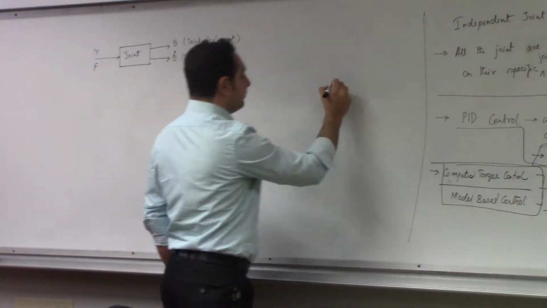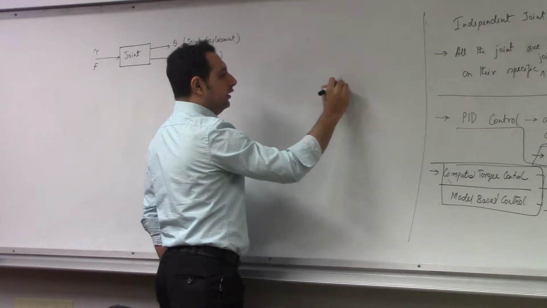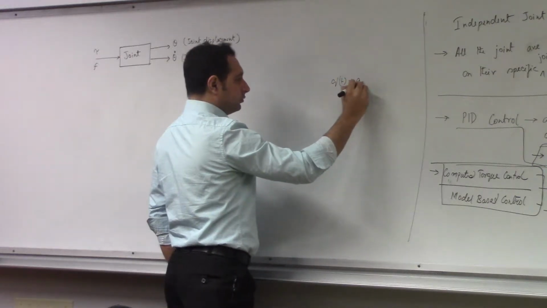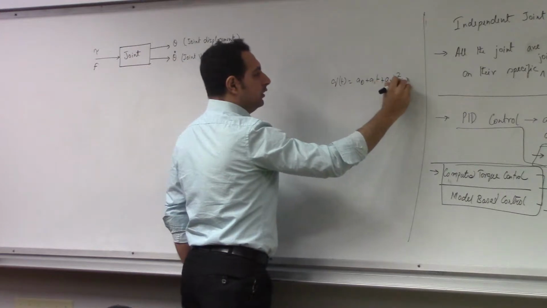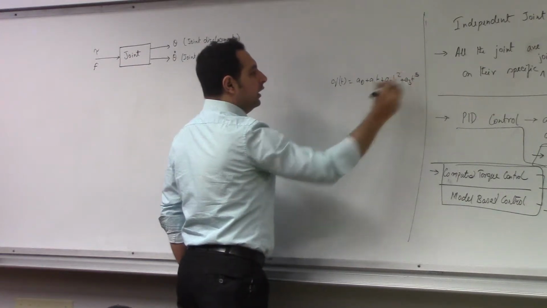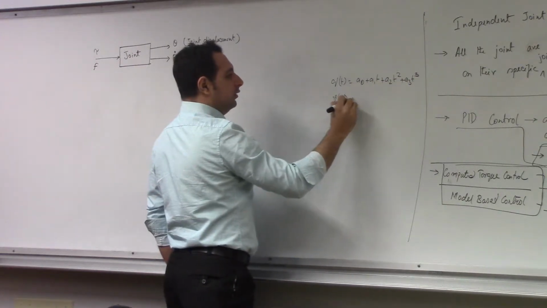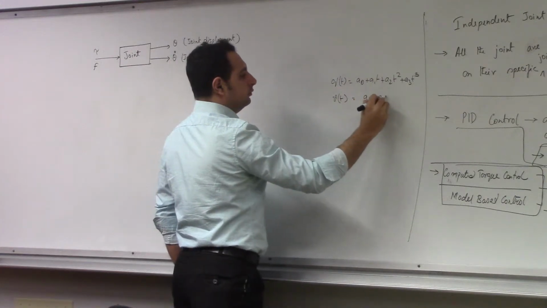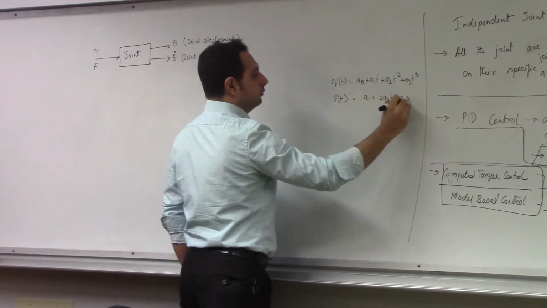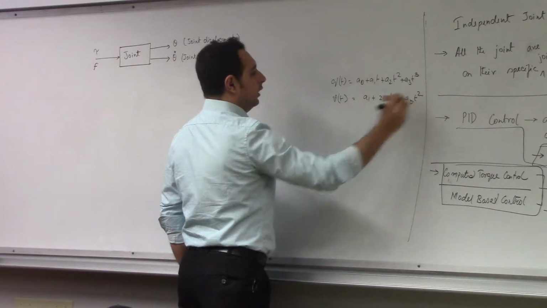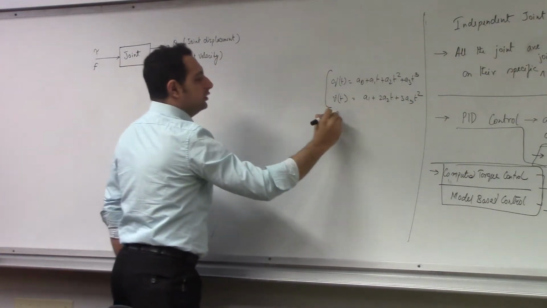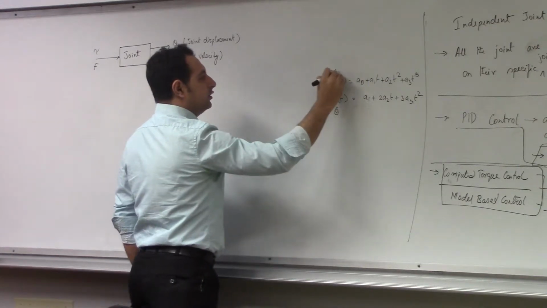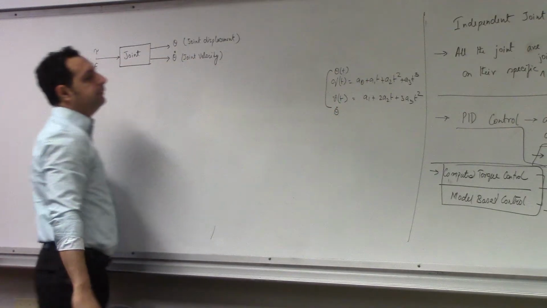Because when we did q of t as a0, a1t, a2t squared, a3t cubed, we also had v of t. So you can also track v of t, which is nothing but q dot of t, and this is q or theta, right?